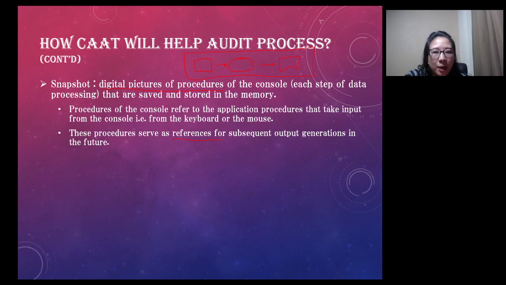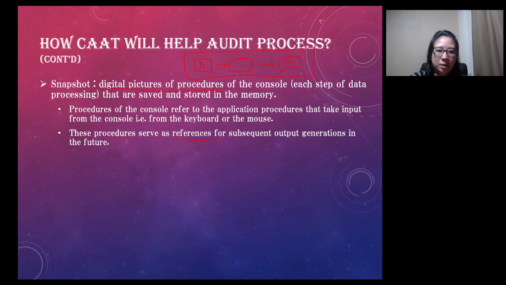For example, in the future, if we have similar data, and we already snapshot that the input is A and the output is A1, then later on, if we have a similar transaction with the same data A, the output should also be A1.